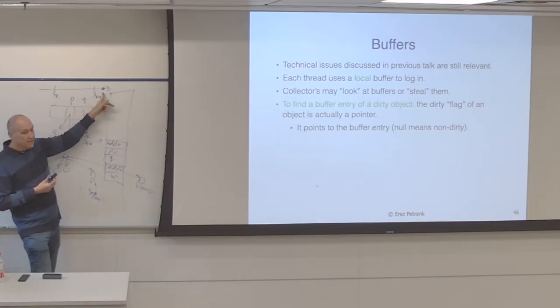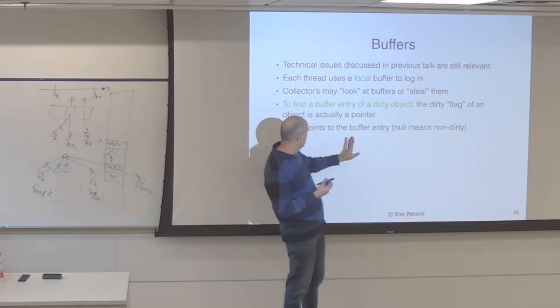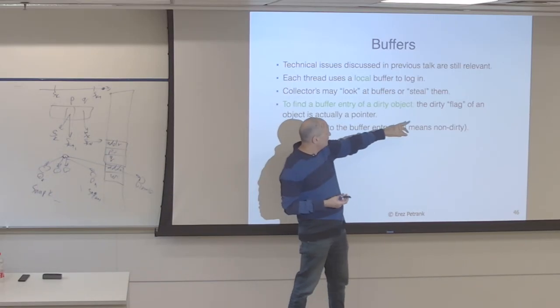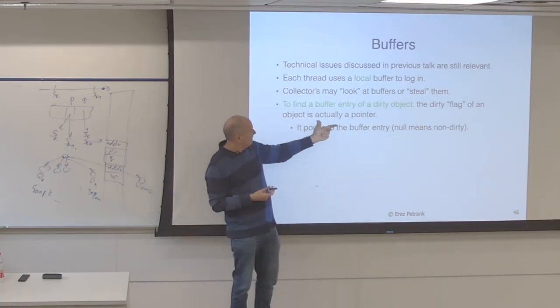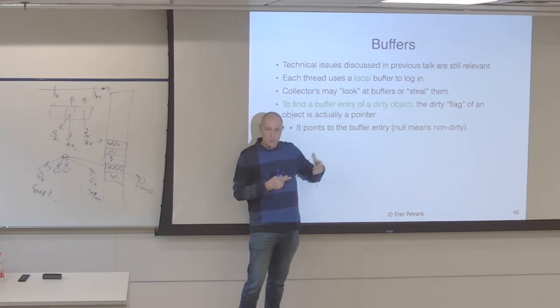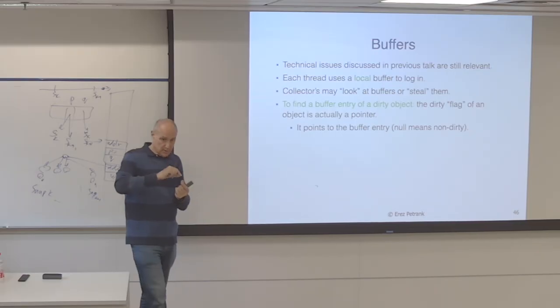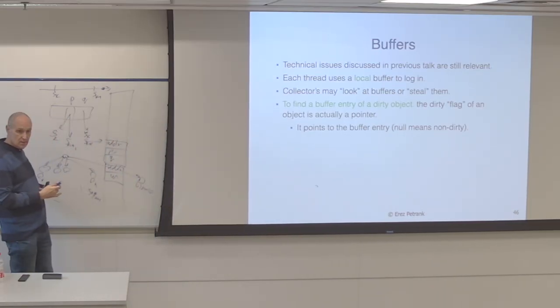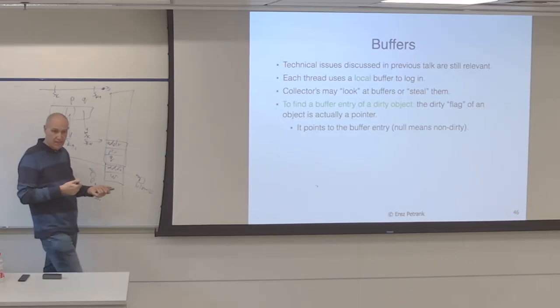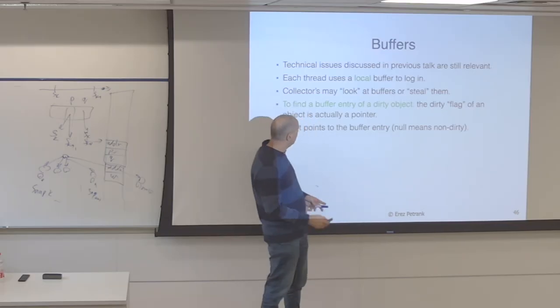So how will I find its buffer? What Yossi did is that instead of a dirty flag, he used a dirty pointer. So it's like we did last week. I just look at the pointer and I know where this entry is, and so I can easily find what its value was in the previous snapshot. Okay.